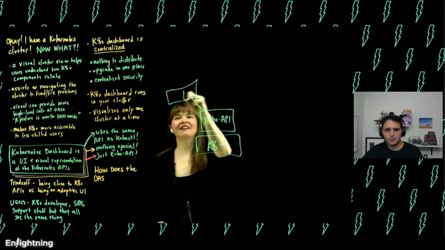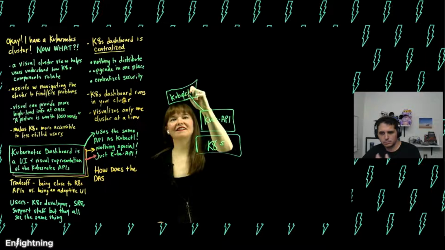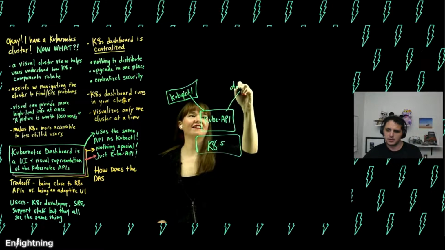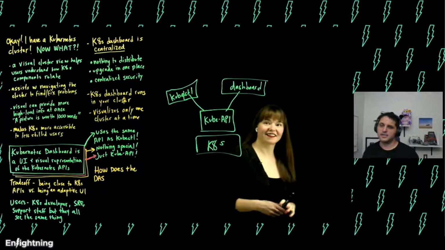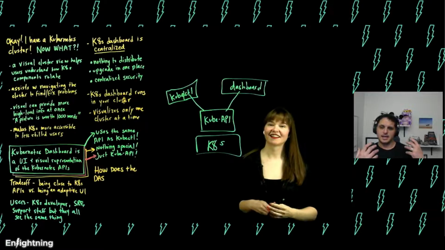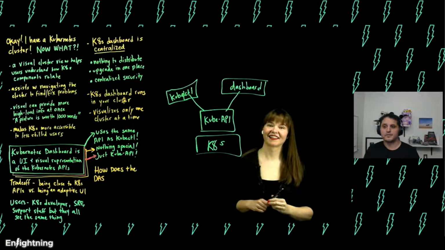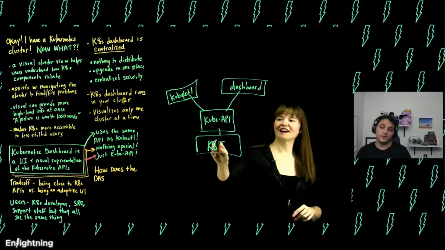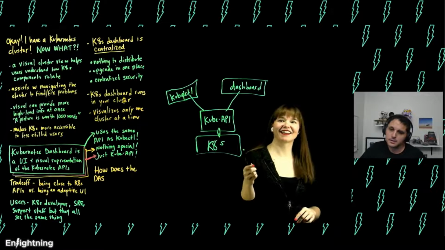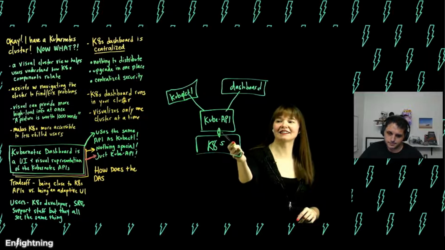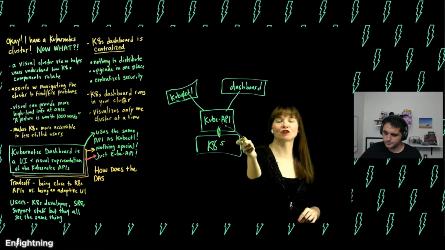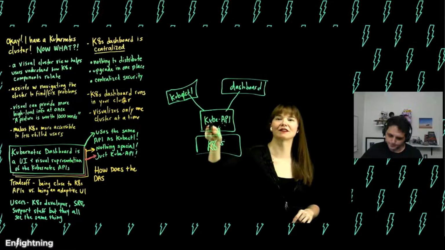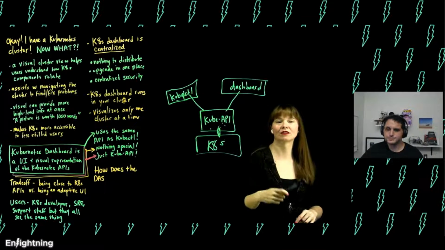Kubecontrol uses the Go SDK to talk to the API, and the dashboard also uses the client Go SDK, but instead of a CLI interface, it's a web interface. But that actually would be a really cool feature to have, actual kube control commands. Yeah. So you use the kube API to manipulate your Kubernetes, kubectl works through the kube API, and dashboard is another interface through the kube API. It's not dashboard into kubectl into kube API. Dashboard is its whole other thing.